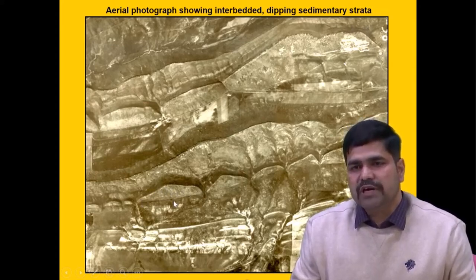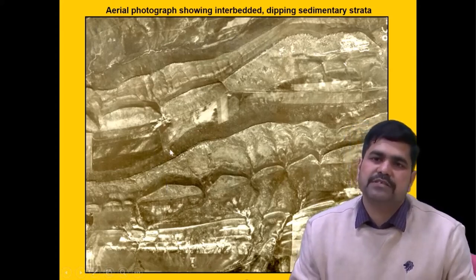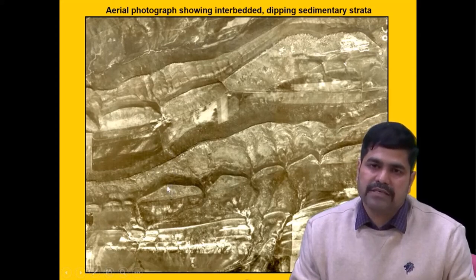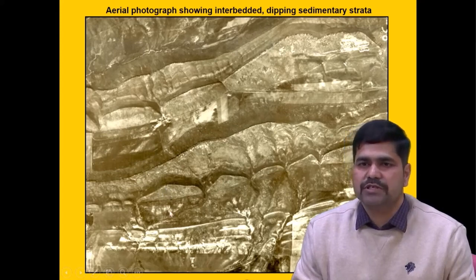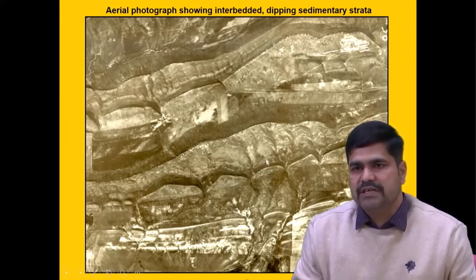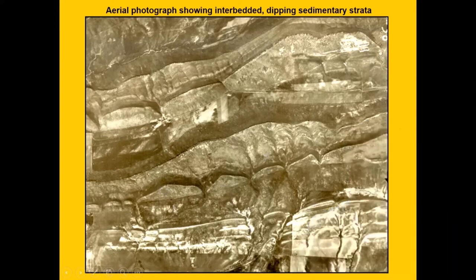To determine the direction of dip of these beds or the topography, you search for the apex, and the direction in which the flat iron is tapering; the dip is just opposite to that. Here all beds are dipping this way, just opposite to the tapered end.